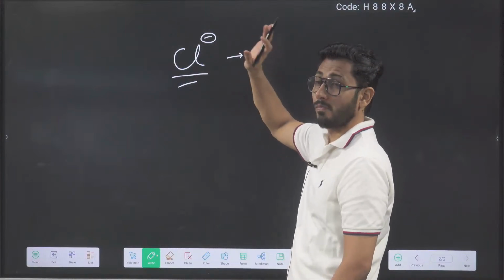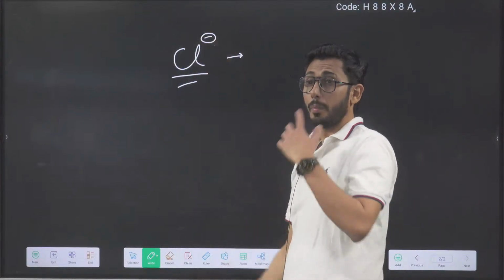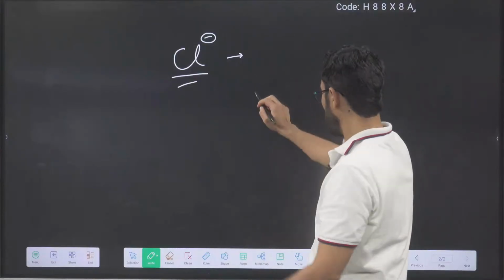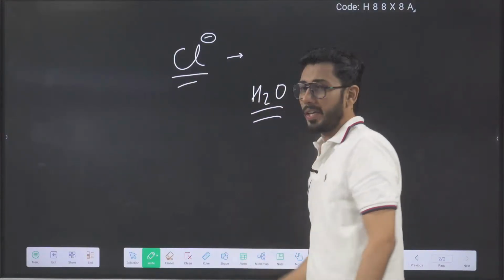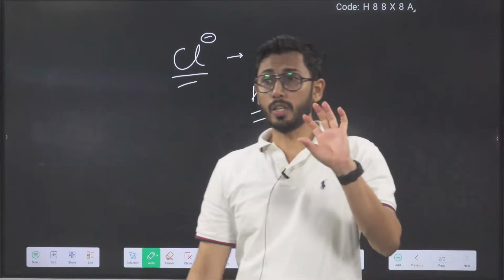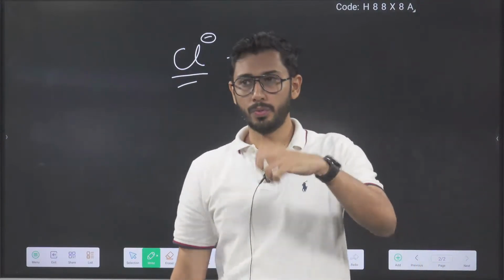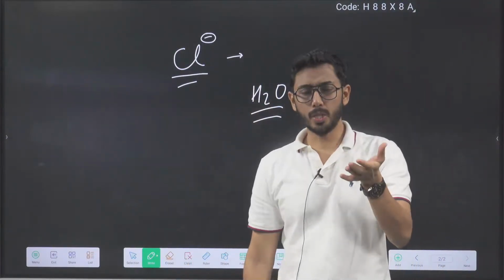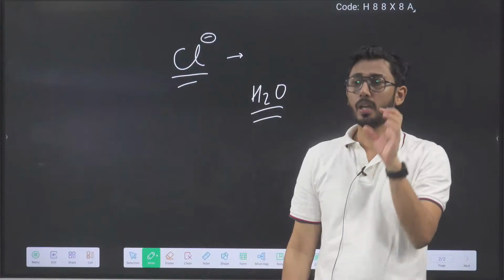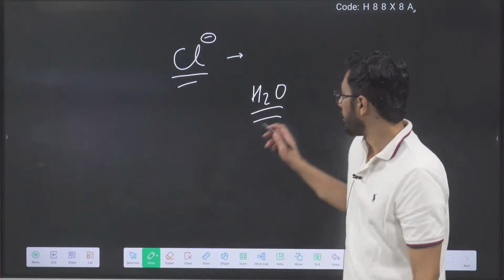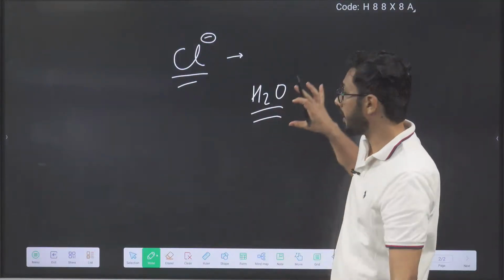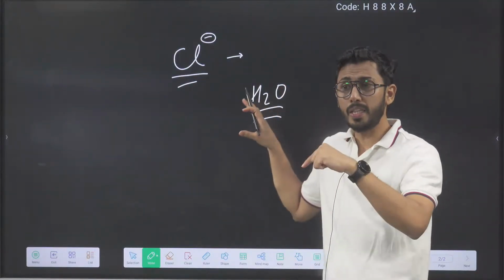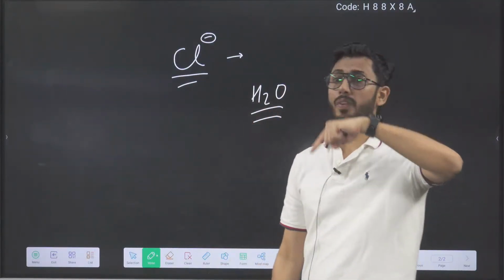But if I write H2O, a simple example, in this case there is no real charge on any element. It may be a real charge or a hypothetical charge, depending upon the element present in the ionic form or in the compound, after considering the electronegativity of other elements.